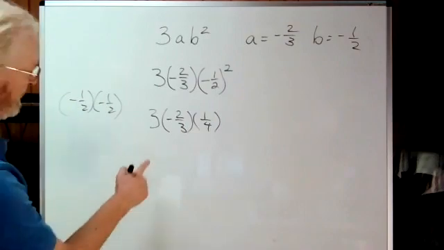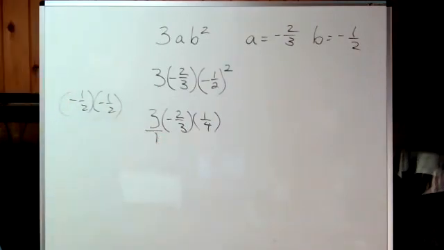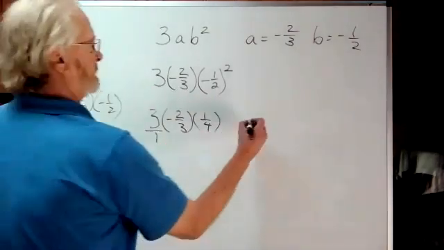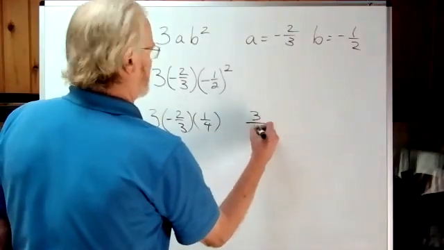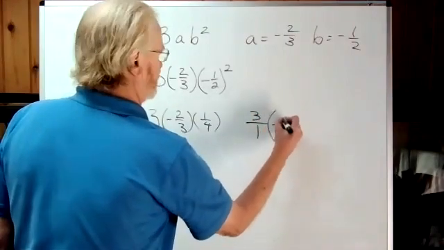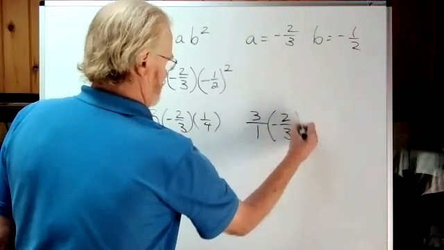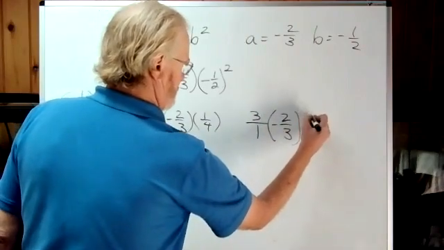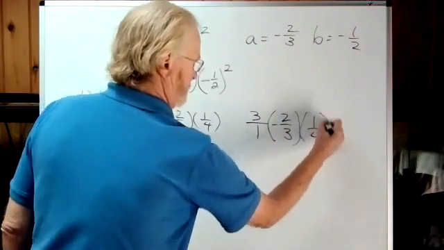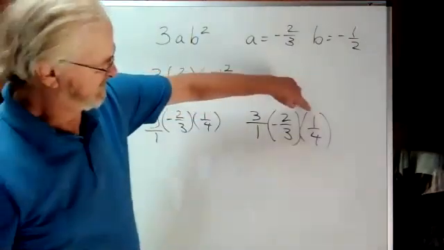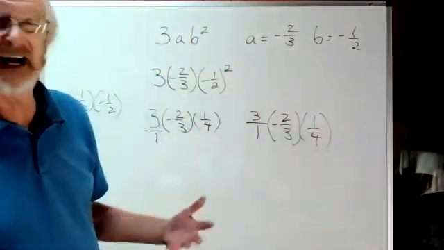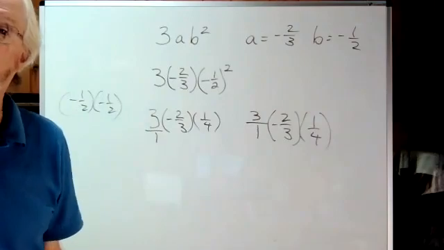All right, this is like 3/1 times negative 2/3 times 1/4. I have 3 fractions in a row. I'm going to rewrite this so it's a little clearer. These 3 numbers on top as factors, these on the bottom, I can do some simplifying before I multiply.